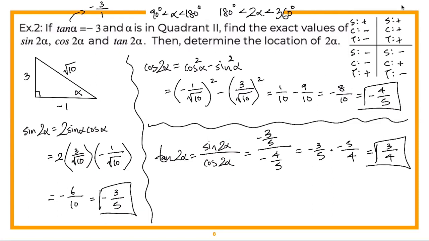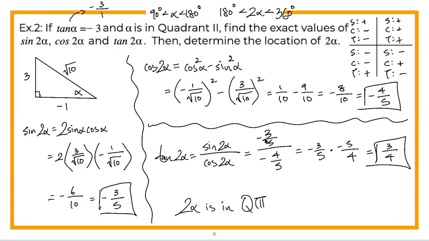So I found all my double angles. What quadrant is my 2 alpha located in? The third quadrant. Third quadrant, and how do you know that? Because the sine and the cosine are both negative, and then the tangent is positive.